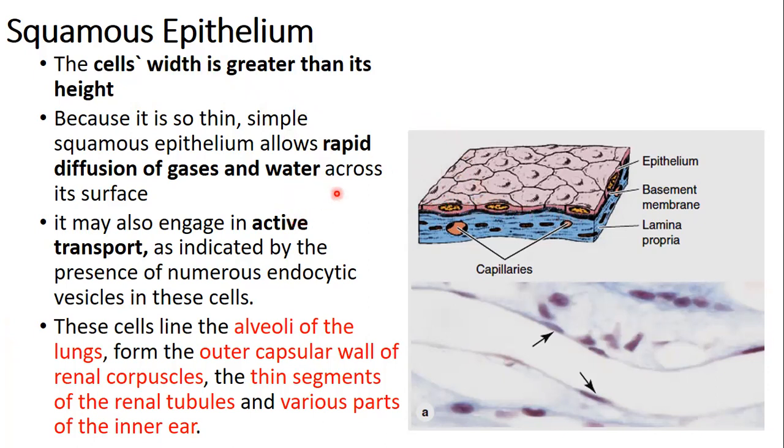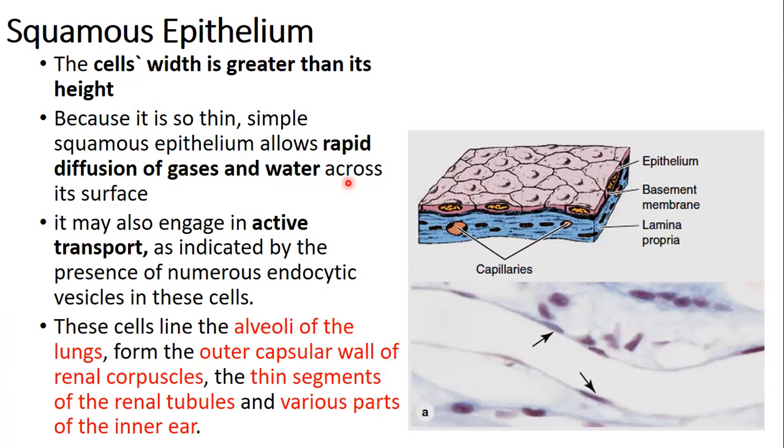So such kind of epithelium is useful in areas where we need rapid diffusion of gases and water molecules, where we need the rapid transportation of gases and water molecules to and from the cells or between tissues. Okay. Where do we find this epithelium? Where there are flat cells and only 1 layer, which we now call simple squamous epithelium.